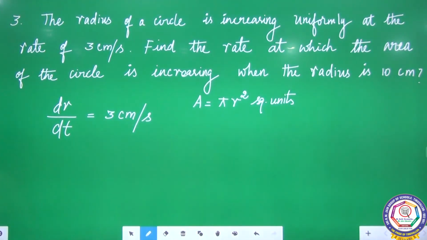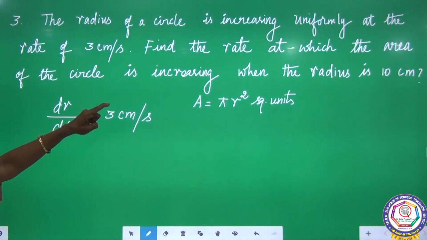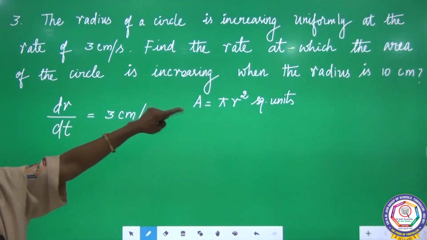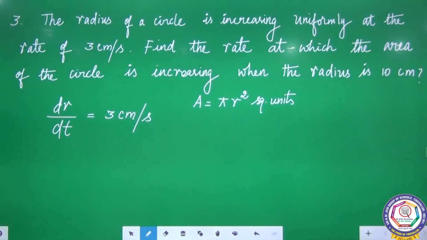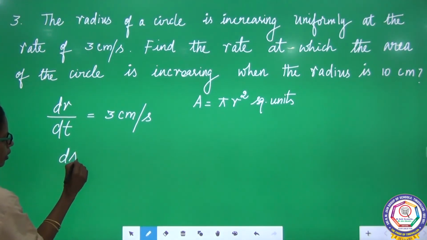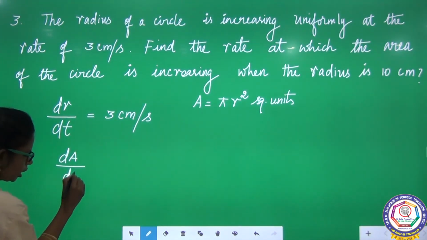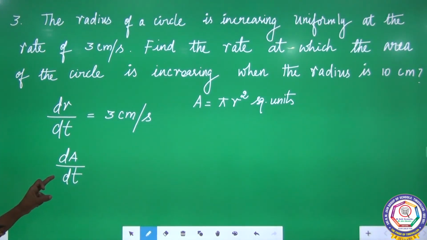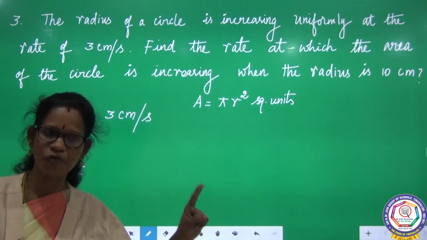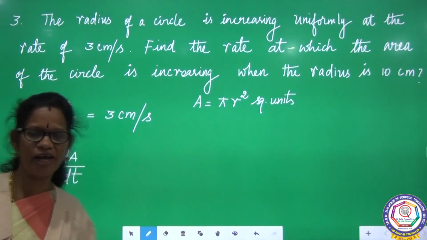Now I am going to differentiate with respect to what? Time. Why do I want to differentiate with respect to time? It is given the rate at which the area of a circle, right? Now dA by dt. If you are differentiating with respect to time on the left side, the same procedure you should follow on the right side, right?